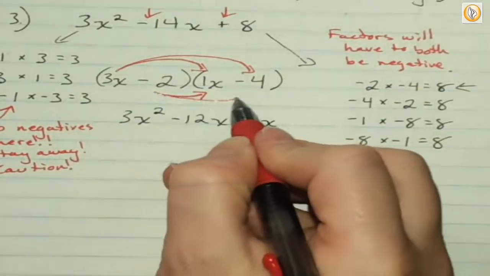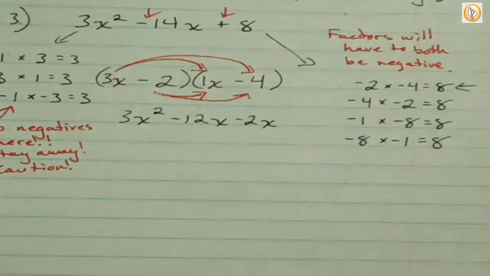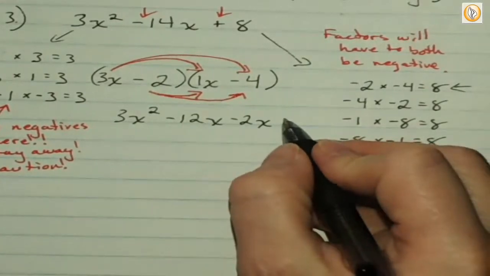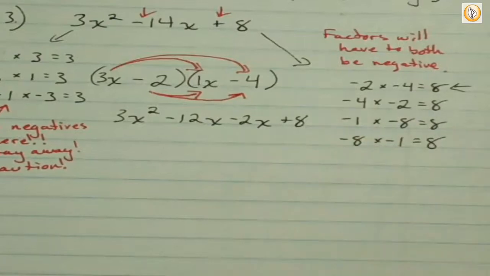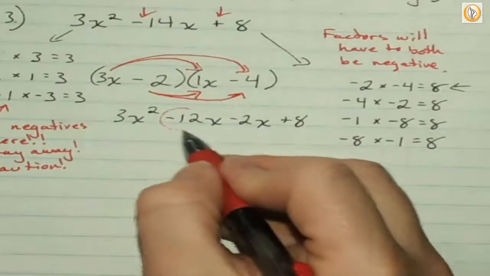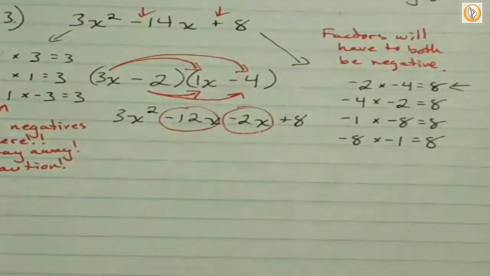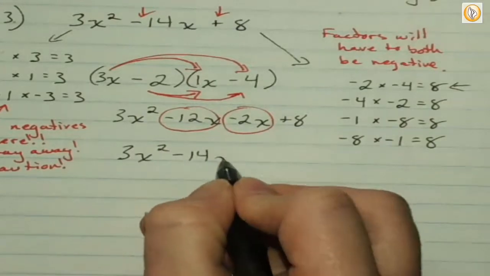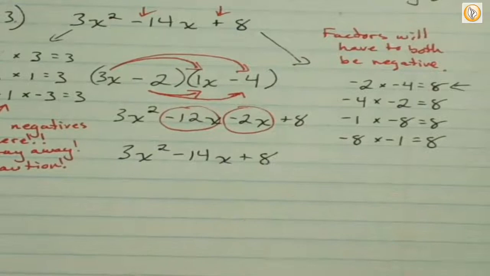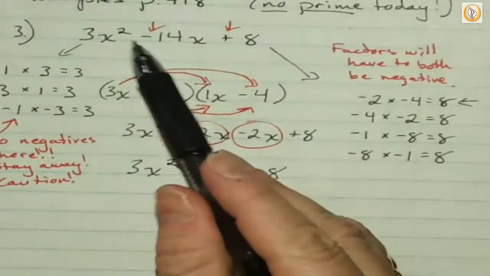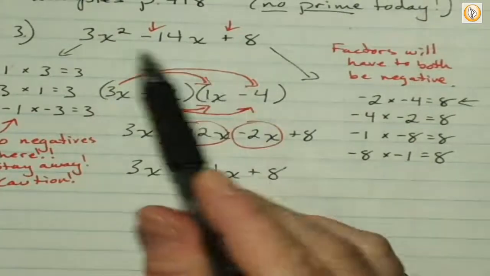All right. Negative 2 times negative 4 is what? Positive 8. Emily, what are my like terms? So what does negative 12x and negative 2x give me, Emily? Negative 14x. Man. All right, so we checked and it works. It wasn't supposed to work.